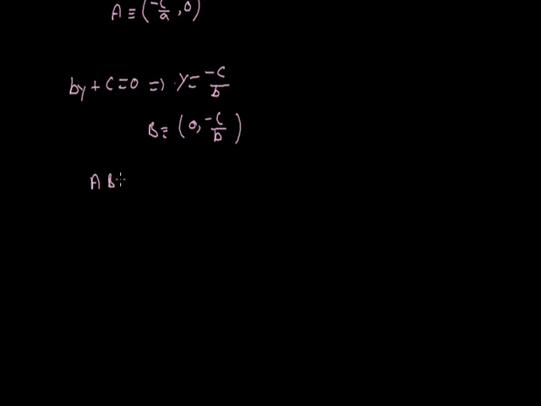So here the distance AB is equal to under root of (c by b) square plus (c by a) square, and further the distance AB is equal to c upon ab under root a square plus b square.